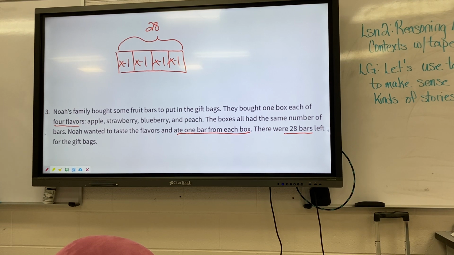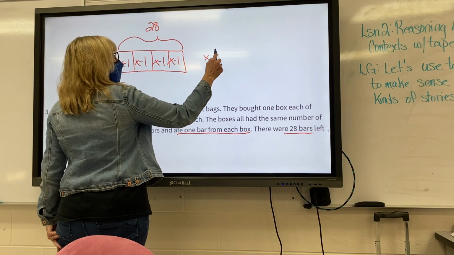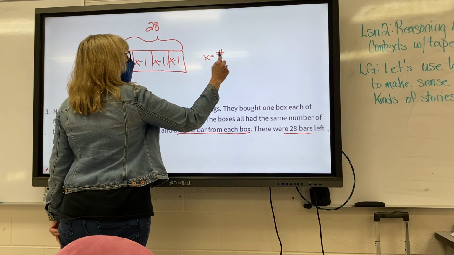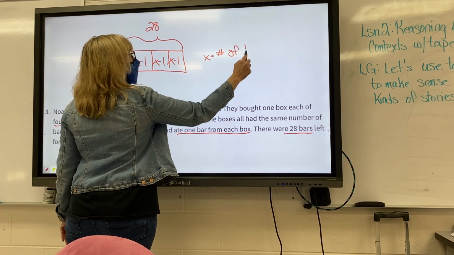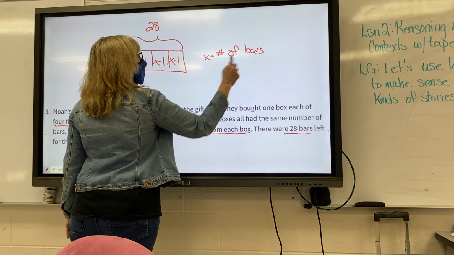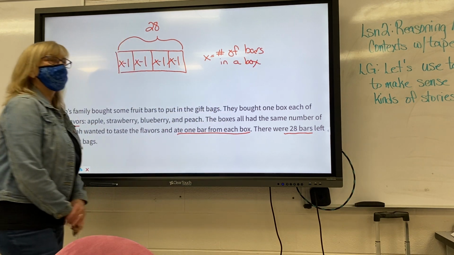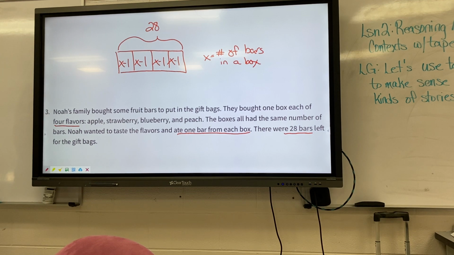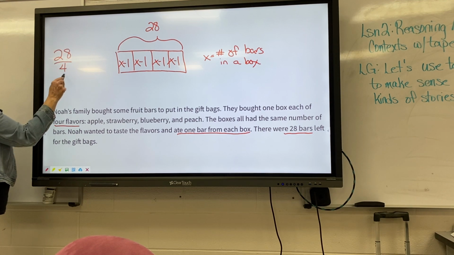Yes. All right, so how do you think you would solve that? X represents the number of bars in a box. Okay, I would divide 28 by 4 and then subtract 4.